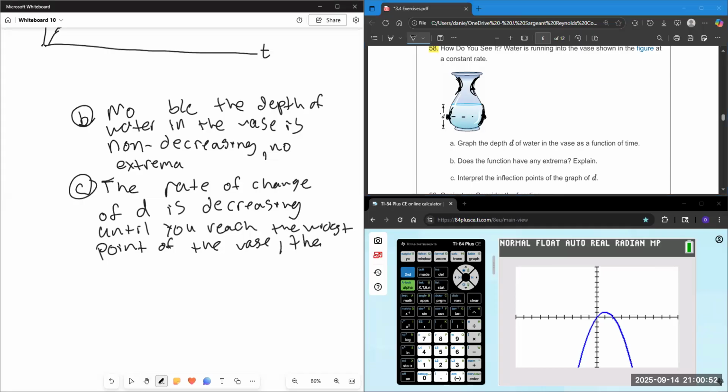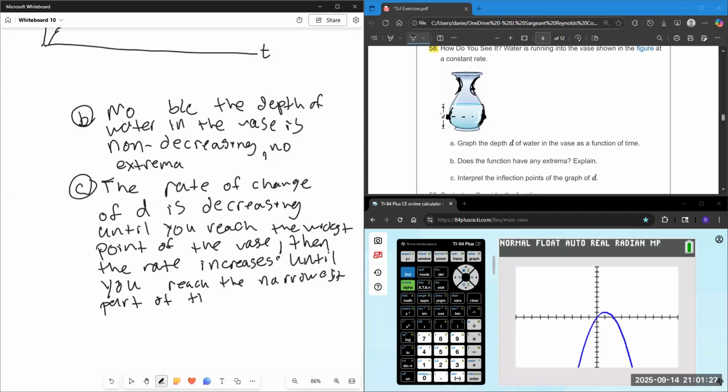Then the rate of change in D increases until you reach the narrowest part of the vase, which is what I marked up here, the narrowest part of the vase.